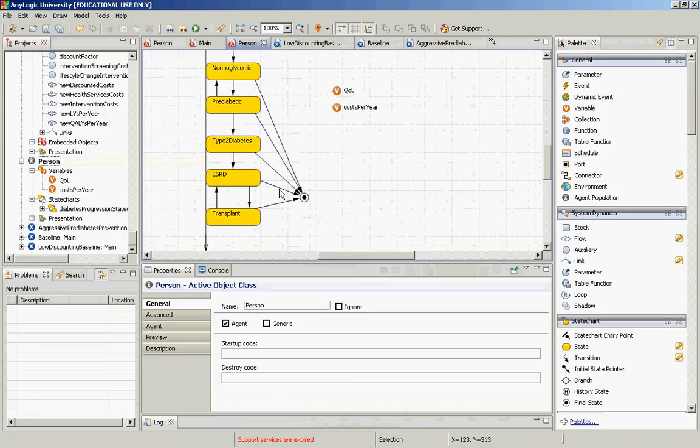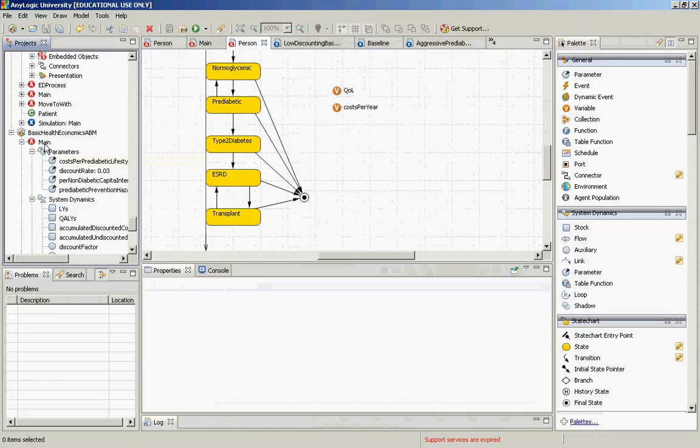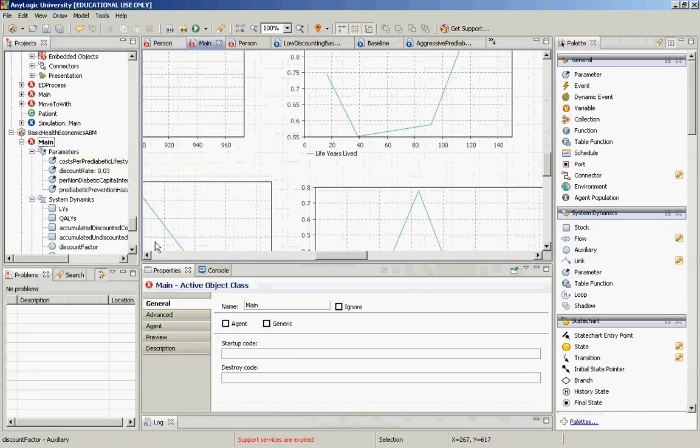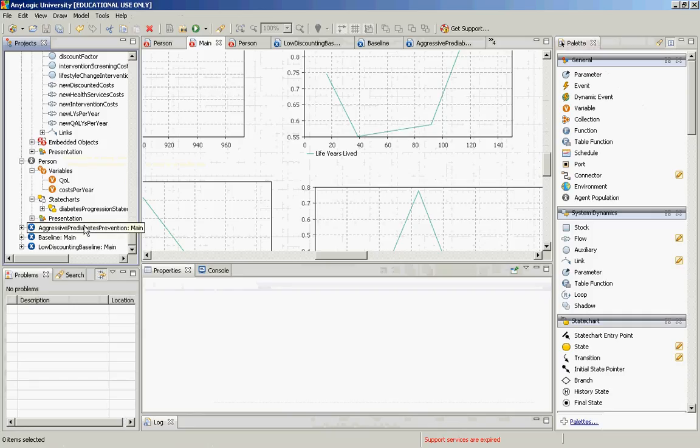So we've taken a variety of costs into account, and we've accumulated them at this global level and provided feedback on them.